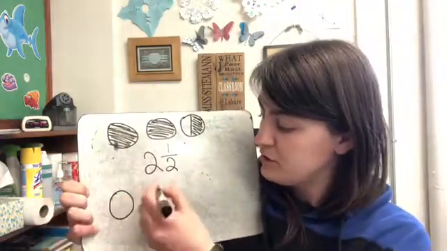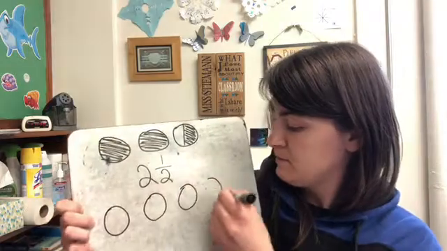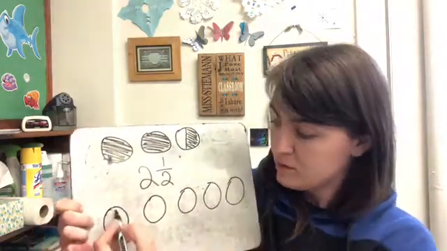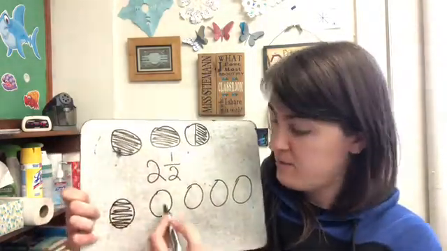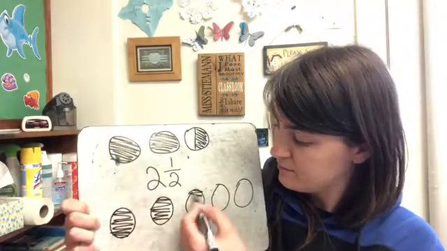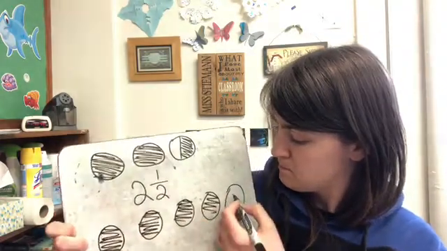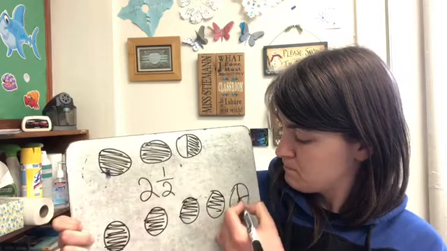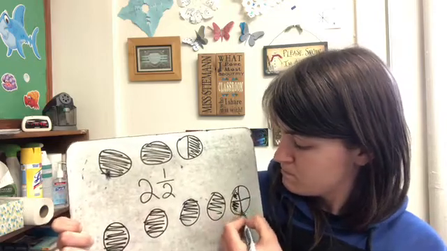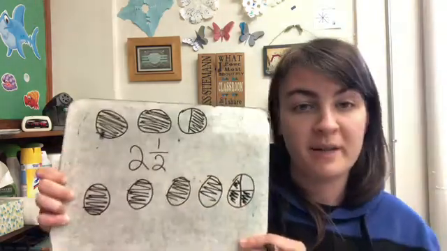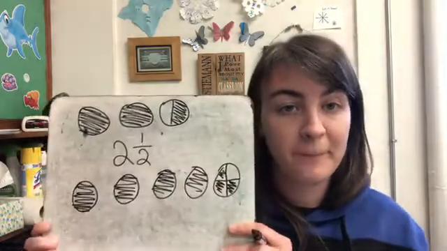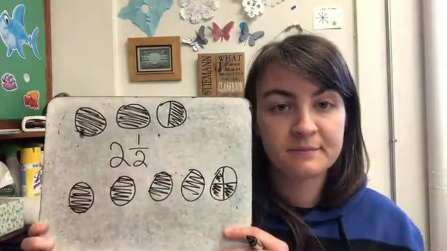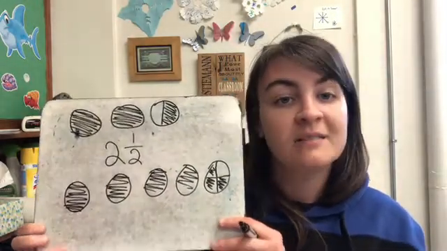I'm going to do some more circles down here. Shade in several of them. What mixed number have I drawn down here now? That's right.